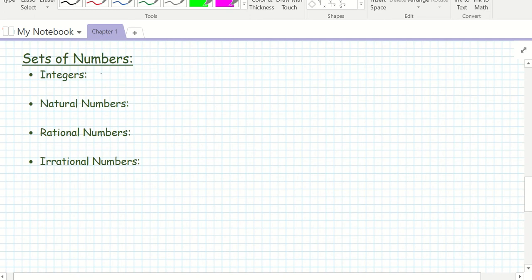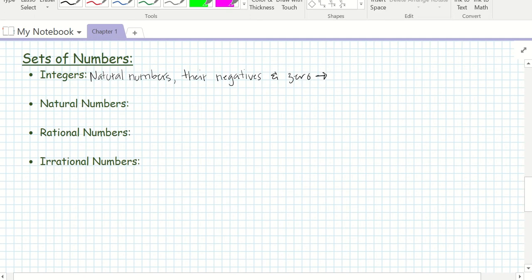So integers are basically natural numbers. You're probably thinking, well, I don't know what a natural number is yet. I'm going to go over that right now. So it's natural numbers, their negatives, and the number 0.